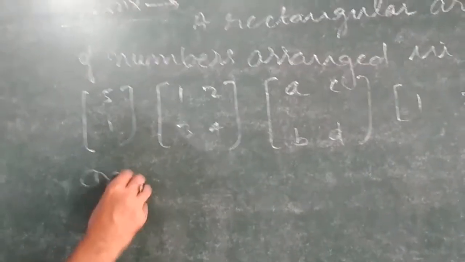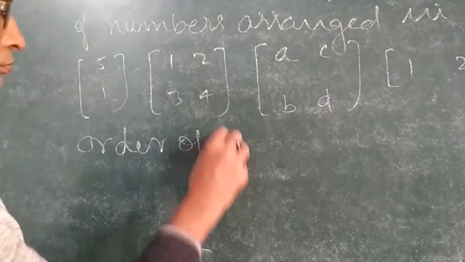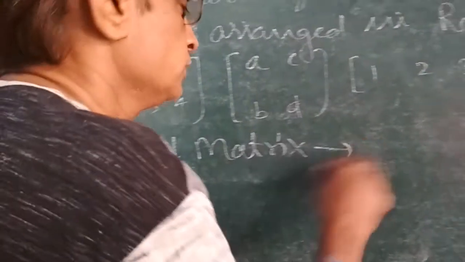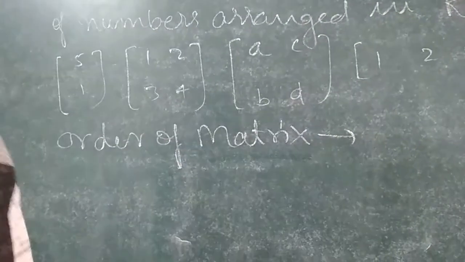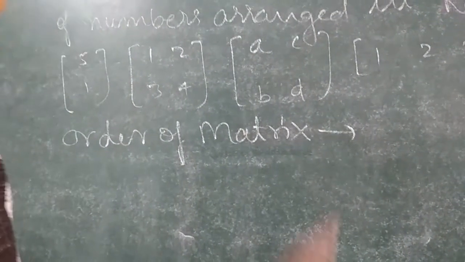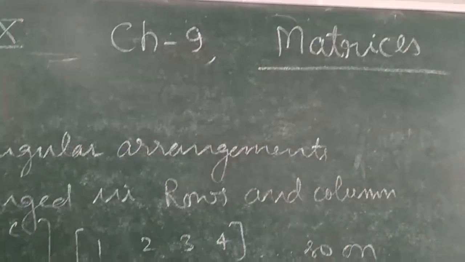Now I tell you the order of matrix. In singular form it is known as matrix, but in plural form it is known as matrices. As I write there at the blackboard, this is the name of the chapter.